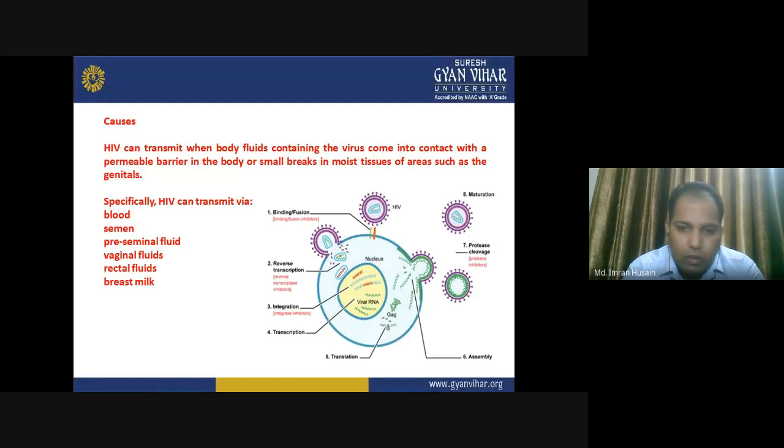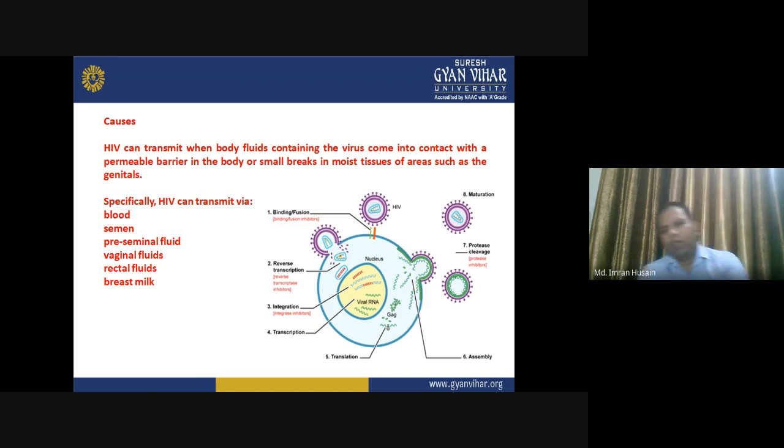that CD4 cell. Then the process of transcription takes place. The viral DNA is transformed into RNA, and the fifth stage is called translation, where that viral RNA is combined with the molecular machinery of the cell, which starts to manufacture all the viral particles that later combine and pack to form a new virus.